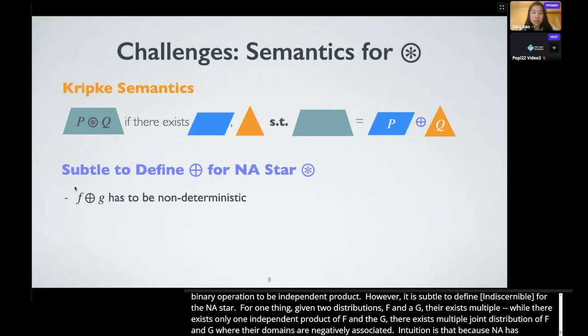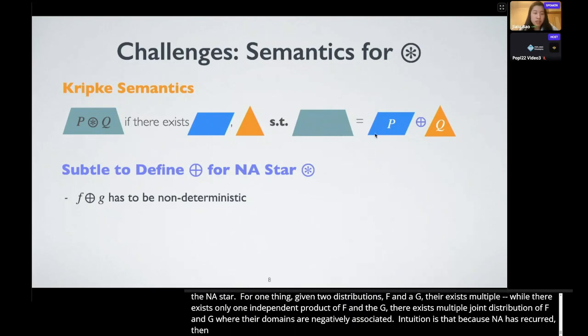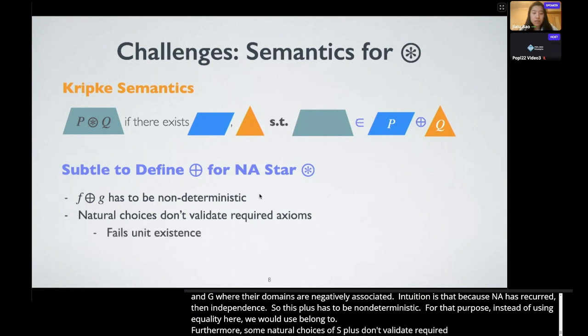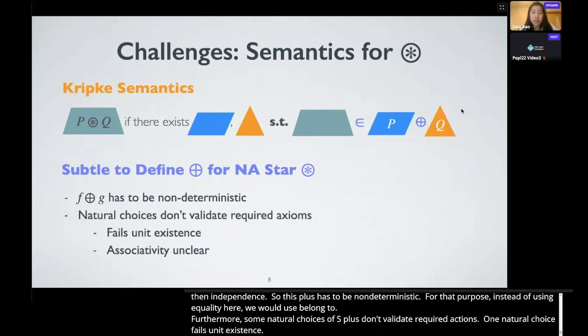So this plus has to be non-deterministic. For that purpose, instead of using equality here, we would use belongs to. Furthermore, some natural choices of this plus don't validate required axioms. One natural choice fails unit existence. For another one, the associativity of this O plus is unclear.